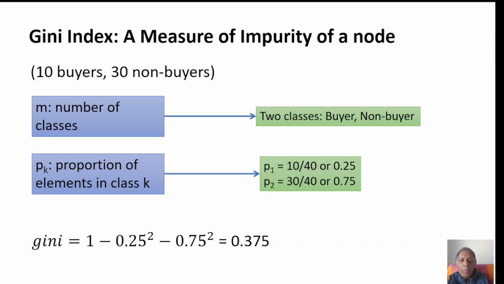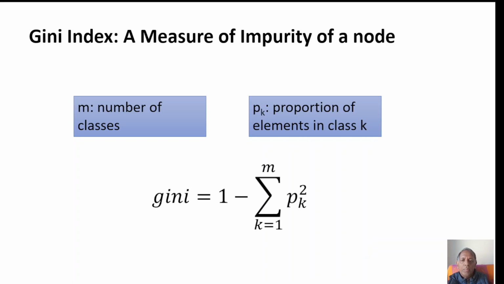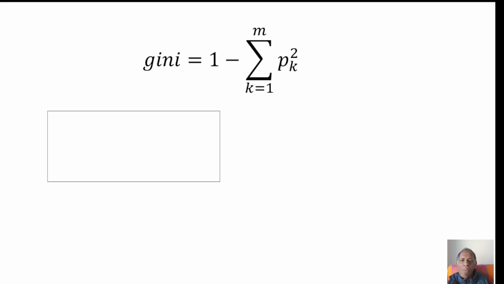Now suppose both these classes were exactly the same. We'll see that. This is the formula written in a different way: 1 minus sigma k equals 1 to m of p_k squared. You don't need to worry about this notation.